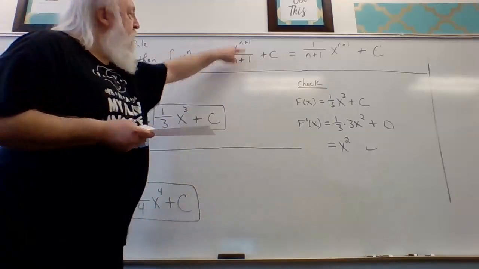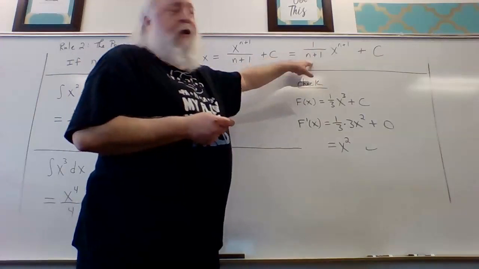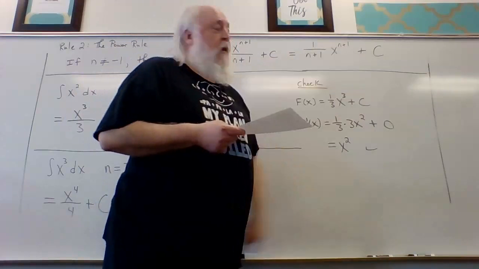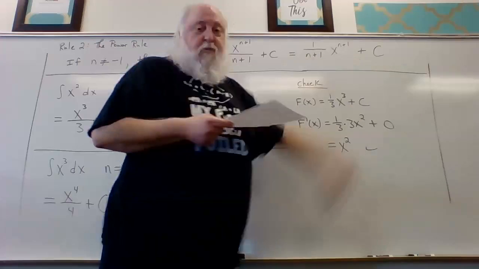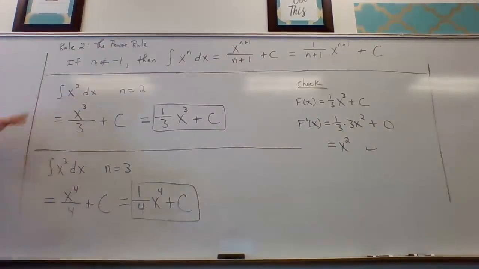And x to the n plus 1 over n plus 1 can be written as 1 over n plus 1 as a fraction times x to the n plus 1 power plus the arbitrary constant c. So in example 1 on page 70, we have to find the antiderivative of x squared with respect to x.